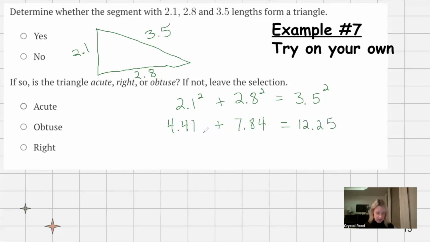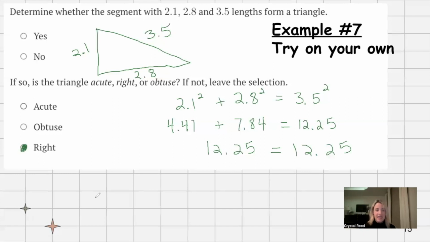Well, let's add those up. 4.41 plus 7.84 is going to give us 12.25. Look at that. So in this case, since left equals right, they are equal. So Pythagorean theorem did work, and so it is indeed a right triangle.